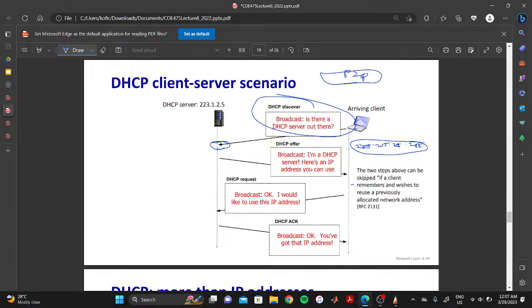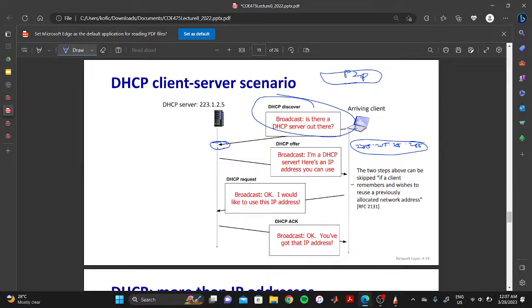And what happens if, for example, because there's a lifetime that you can use an IP address for. It's not forever. Every hour, depending on how your DHCP server is configured, every amount of minutes you have to do this process again. So what if you had an IP address already and your time finished and you are requesting the same IP address?